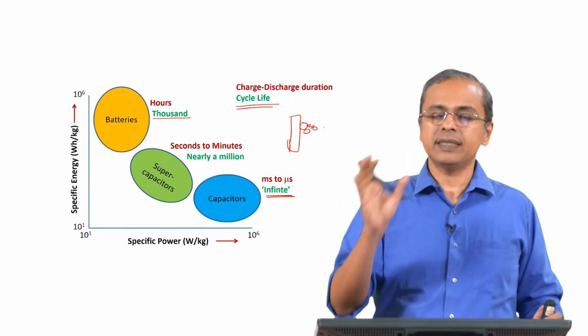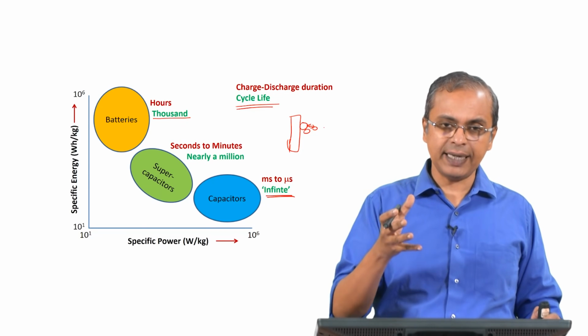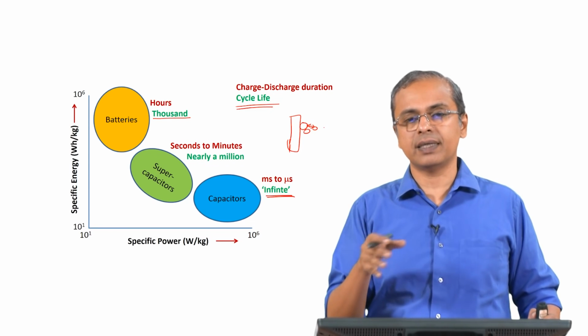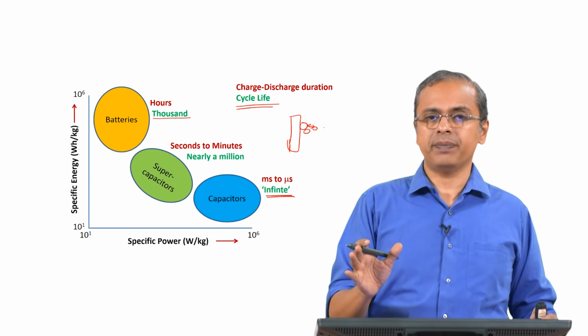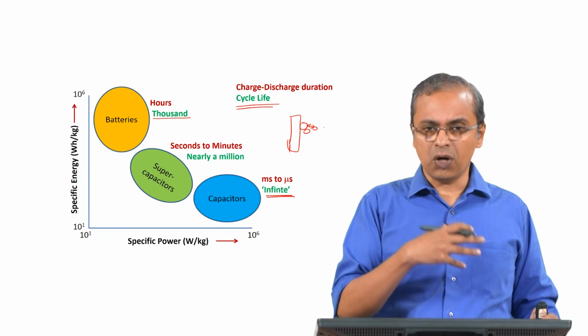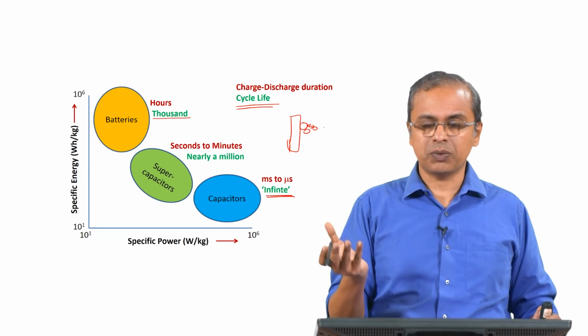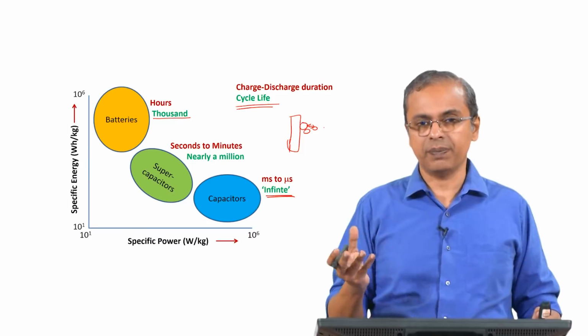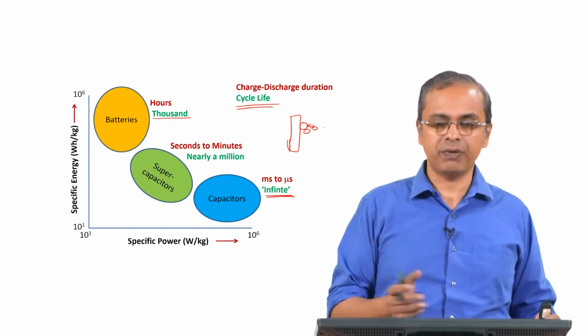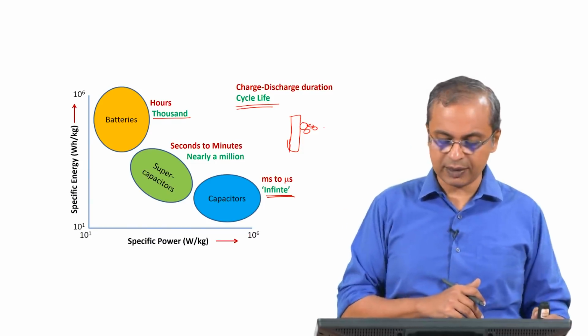So, because there is swelling and a change in dimensions of the particles, a lot of damage happens to the electrode over a period of time. That is the reason why by the time you have done say 1000 cycles, the battery does not behave that well, and then eventually you give up on it and get yourself a new set of batteries.